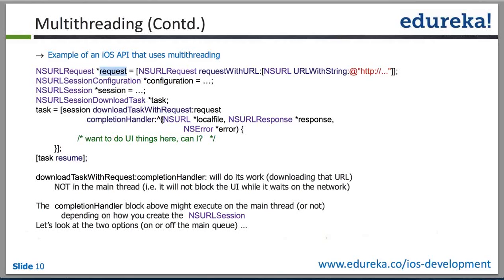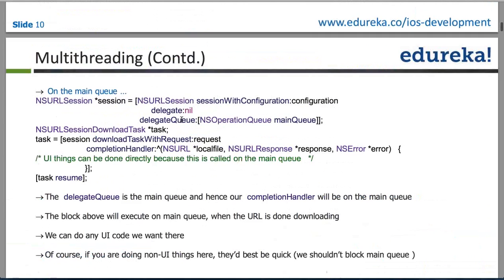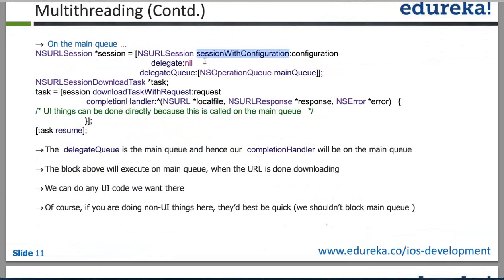And whenever it is done downloading, your completion handler will be called. This completion handler is a block, and if you wanted to change any UI things, you have to do it there. While creating a session, you have a method, session with configuration, and you can mention a delegate queue. Delegate queue is nothing but on which queue your code will be executed.